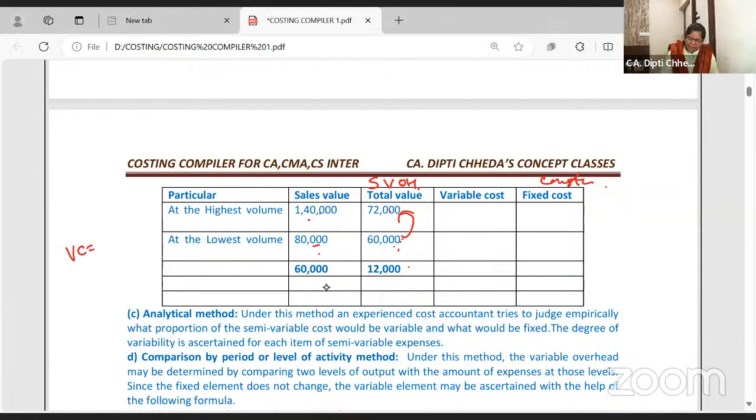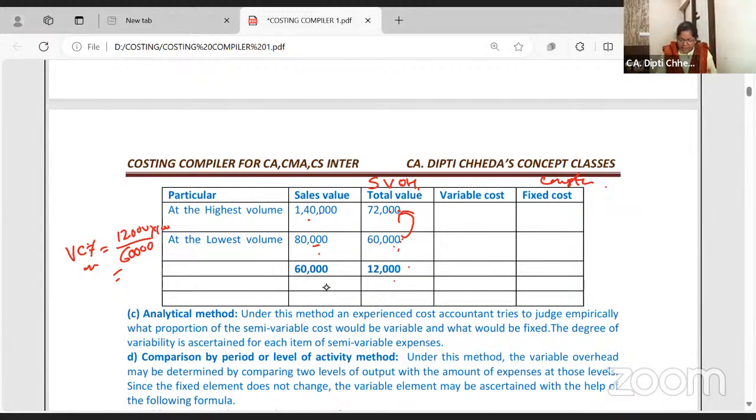So what is the variable cost as a percentage of sales? Ma'am, why a percentage? Because units are missing. Change in the semi-variable overhead is 12,000 when sales is changing by 60,000, so 12,000 by 60,000 into 100. You can take a screenshot, and if you have opted from the app for this colored compiler, you'll get it. 20%.